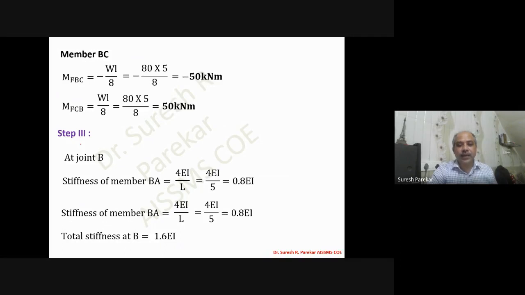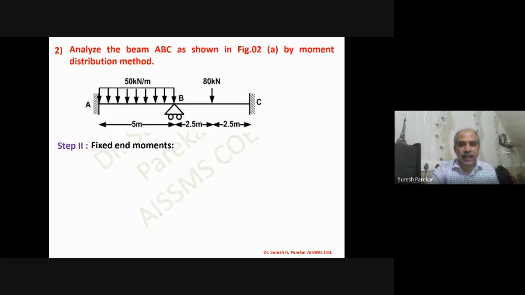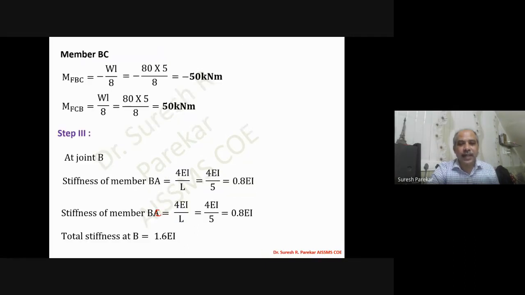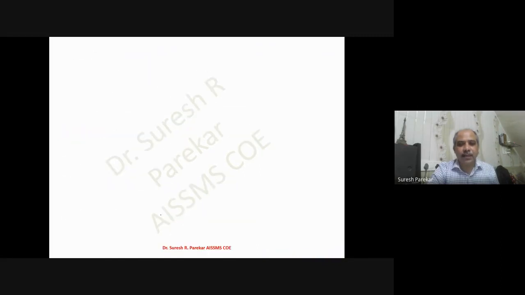Then the stiffness of member BC is again 4 EI upon L, because support C is also fixed, and that value I get as 0.8 EI. Both spans are 5 meters, and therefore both values are the same, 0.8 EI and 0.8 EI. So the total stiffness I get is 1.6 EI.